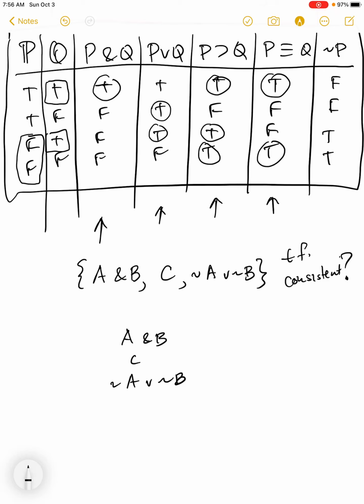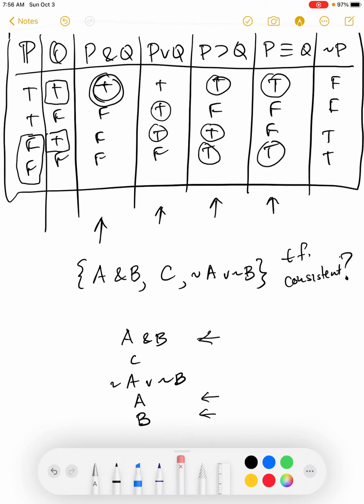So if there were a truth value assignment that makes the conjunction of A and B true, it would have to make A true and B true. So I'm just going to write those down in that list. Any truth value assignment that makes the first item in this list true is going to have to make A true and B true, because there's only one way that a truth value assignment can make a conjunction true, that is when it makes both conjuncts true.